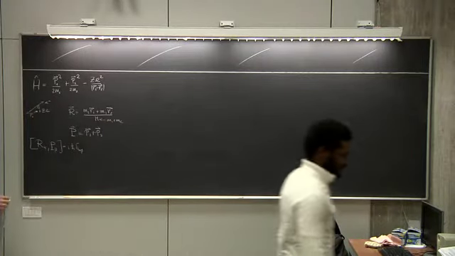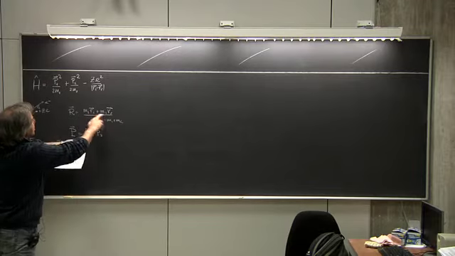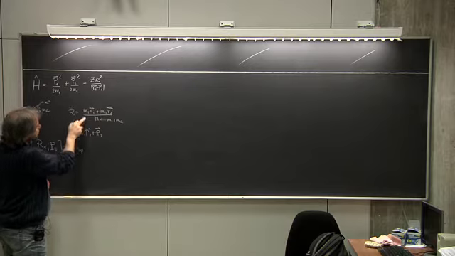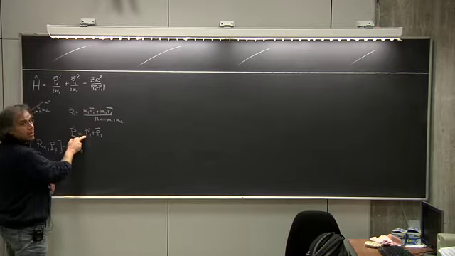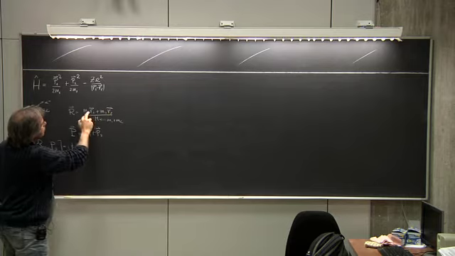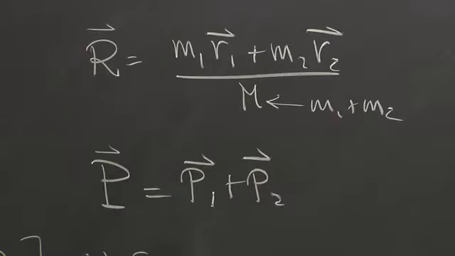This is a very simple calculation. It requires splitting this into four possible terms, but only this with this really gives a contribution, and this with that. And when you sum the two pieces, (m1 plus m2) over M really gives you a 1. Try.